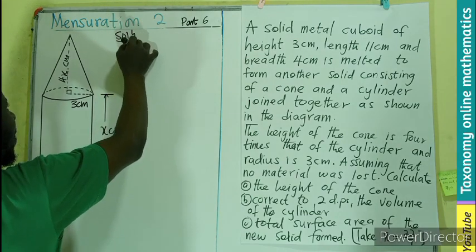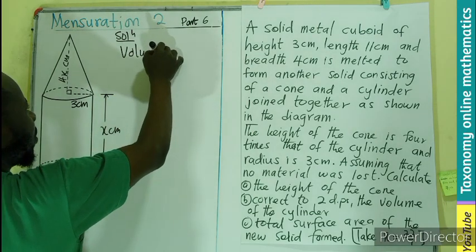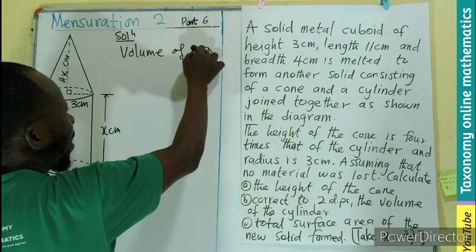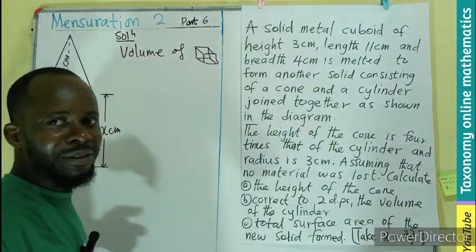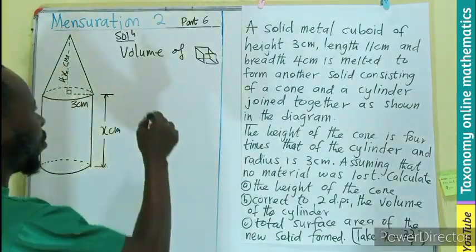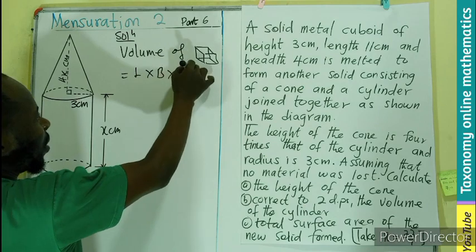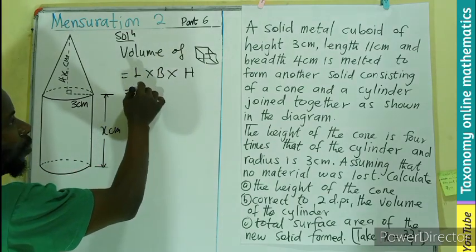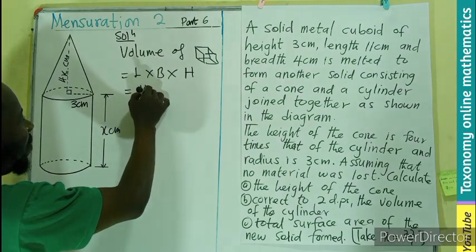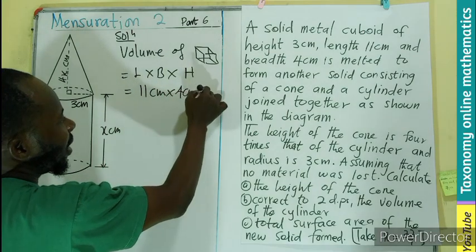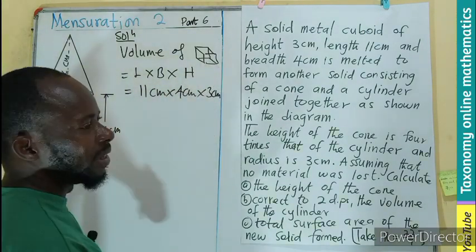So first of all, we can say volume of cuboid. You can write this in words, but we don't have enough space. So volume of cuboid, we know it is length times the breadth times what? The height. And that will be length is 11 centimeter, the breadth is 4 centimeter, the height is 3 centimeter.